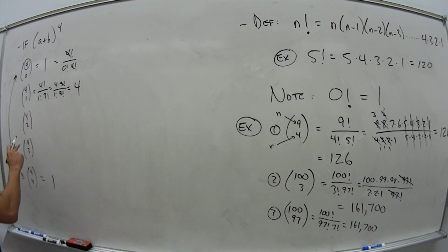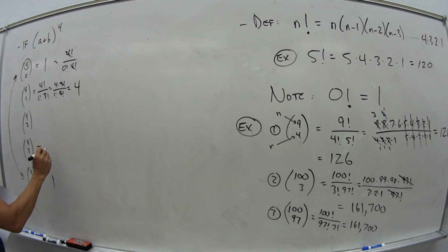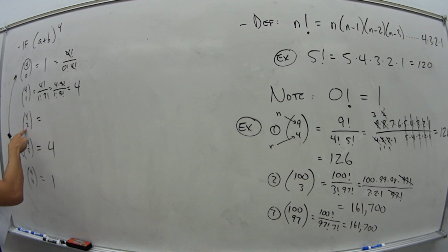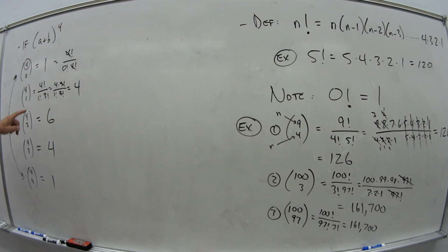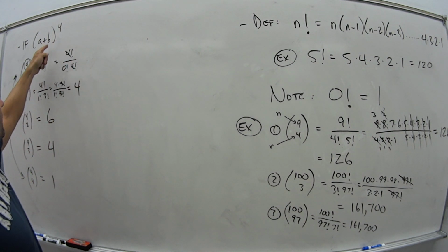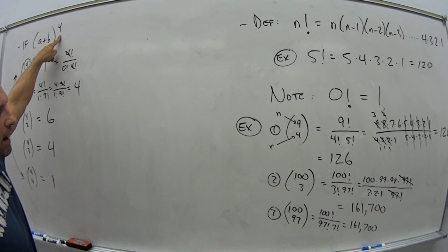So 4 choose 1 is the same as 4 choose 3, which is 4. And then lastly, 4 choose 2, if you do the math, ends up giving you 6. And what do we have here? 1, 4, 6, 4, 1, which is the same as when we did Pascal's triangle for the 4th power.